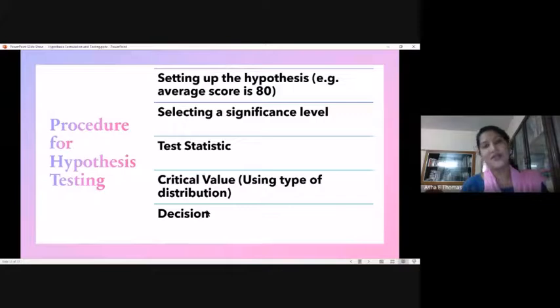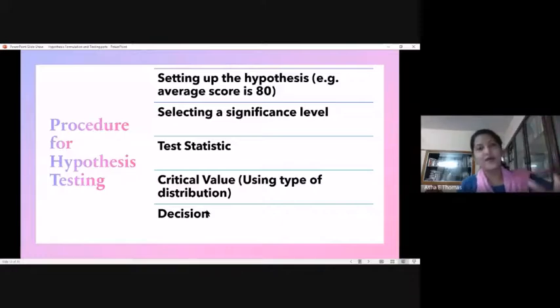Hypothetical value means the value you arrived at by taking the mean of the population. Suppose the population is indefinite and you cannot find a mean, then it is a hypothetical mean, computed using a formula, and you compare that with the test statistics result and arrive at a conclusion.